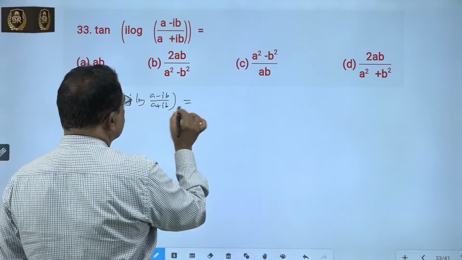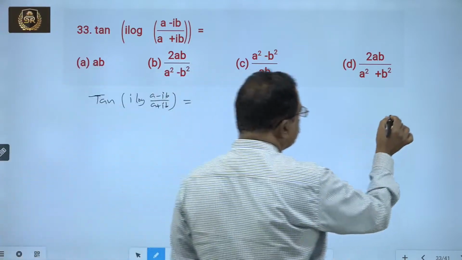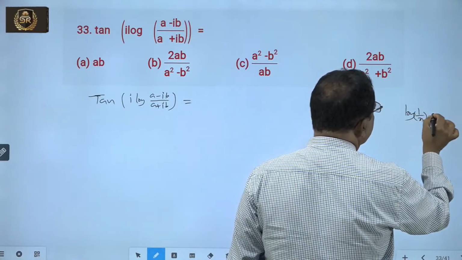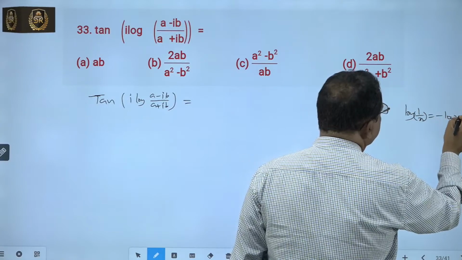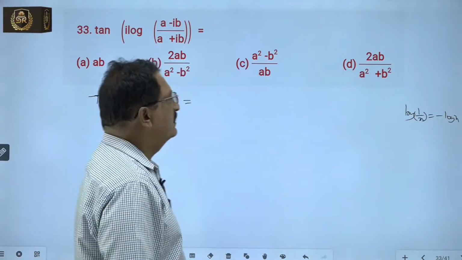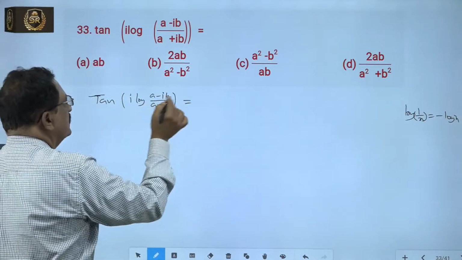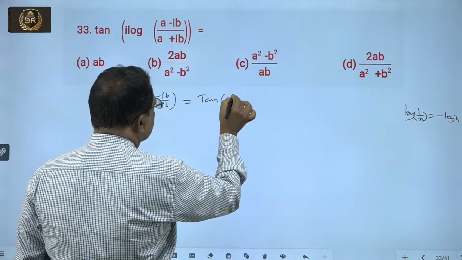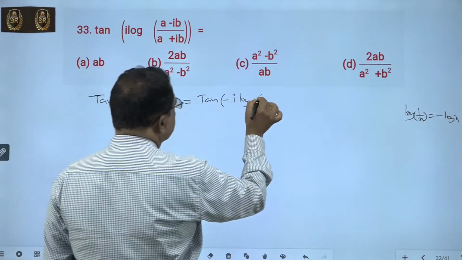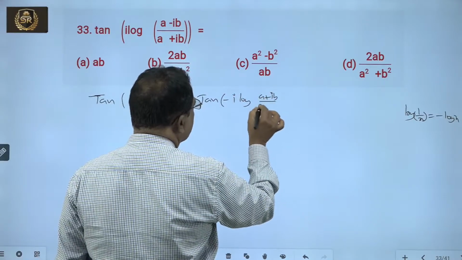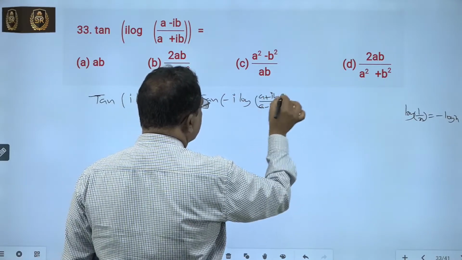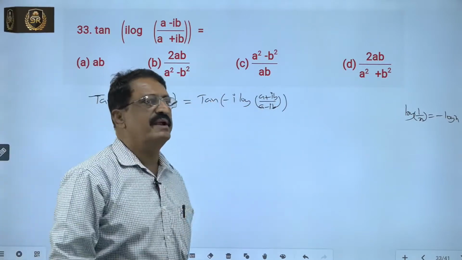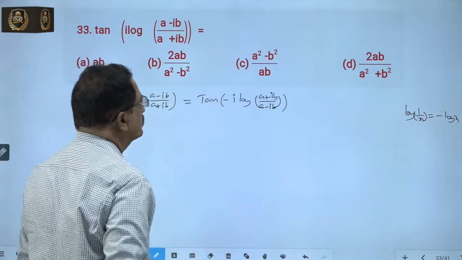Now it can also be written as, because log 1 by x equals minus log x, log 1 by x equals minus log x. Now it is the reciprocal, so that equals tan of minus i log of (A plus iB) by (A minus iB). Because of the reciprocal, log 1 by x equals minus log x, so here we get a minus sign.